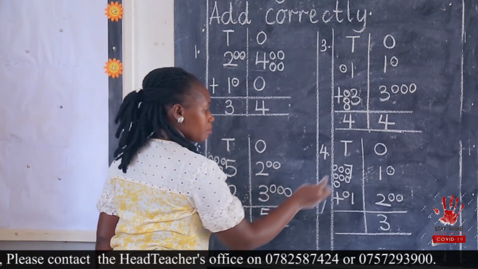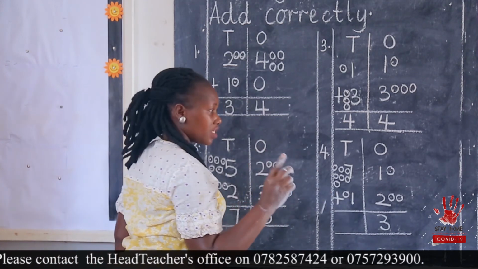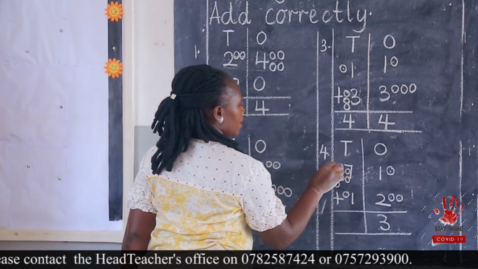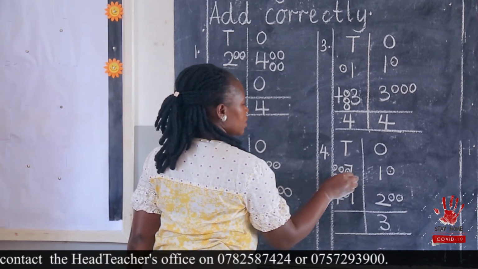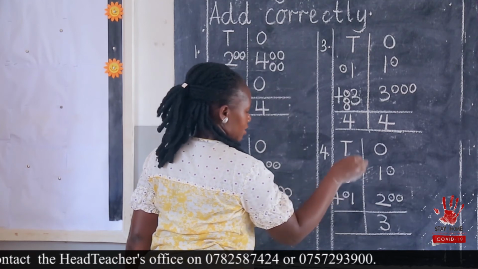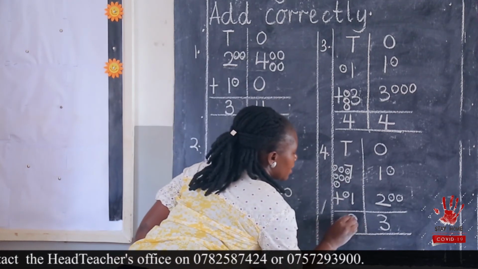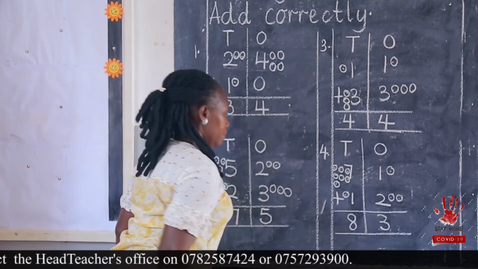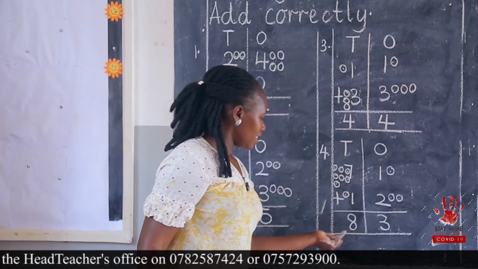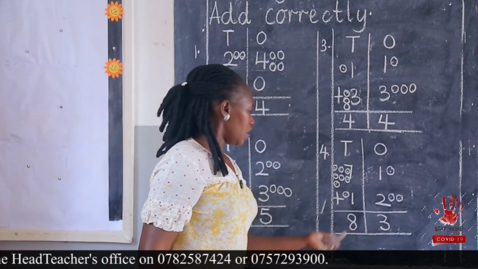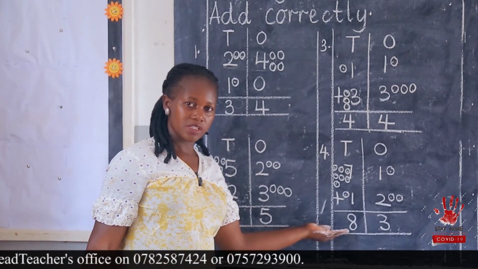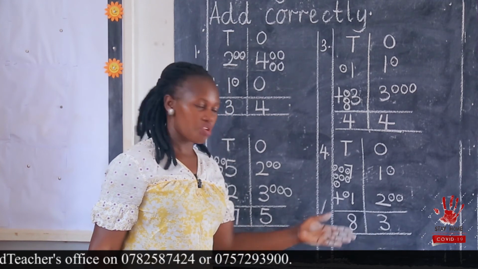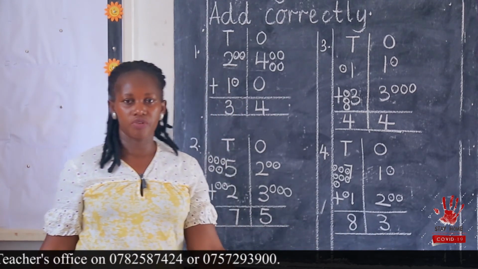Remember to separate the balls because it will be easy for you to count them. 1, 2, 3, 4, 5, 6, 7, 8. That means my answer here is 8. When I'm to read my answer, it is 83. Is it the same as yours? Mark yourself. If it's wrong, you just do it and correct it.